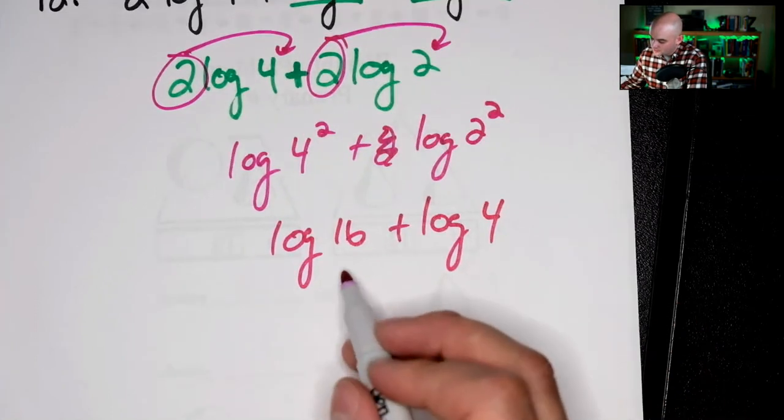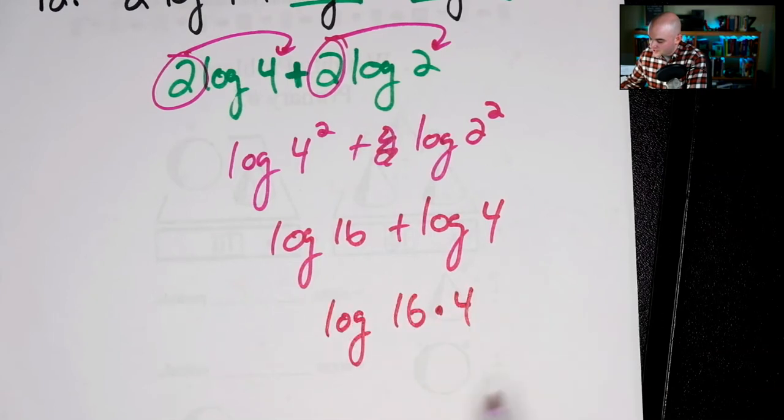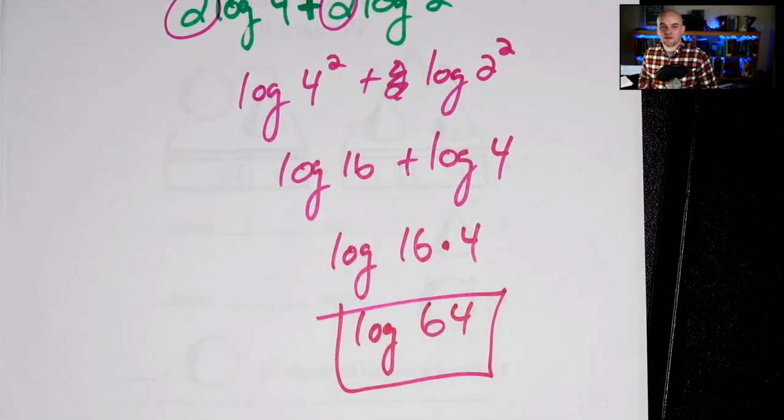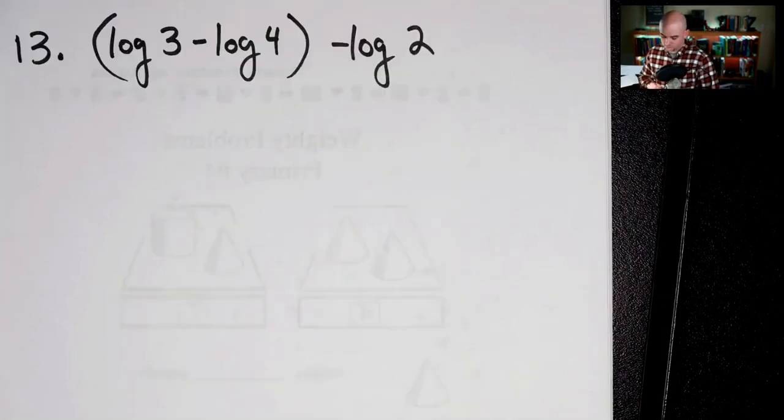And I can combine that. Because of the plus symbol, I can make it the log of 16 times 4, which is 64. So the log base 10 of 64 is my answer for number 12. All right, on to number 13.